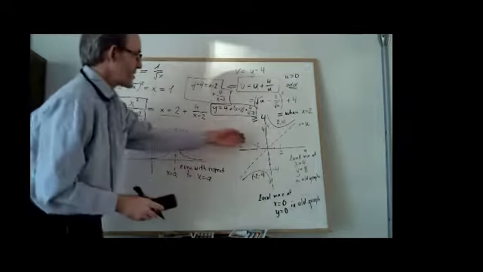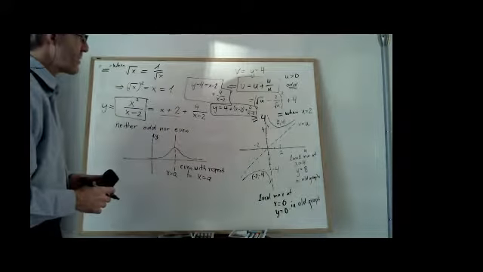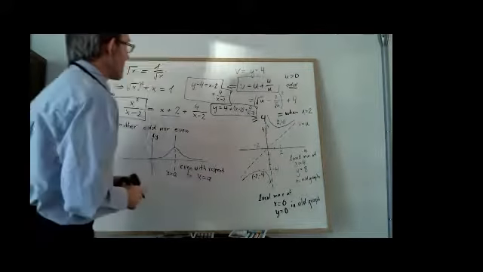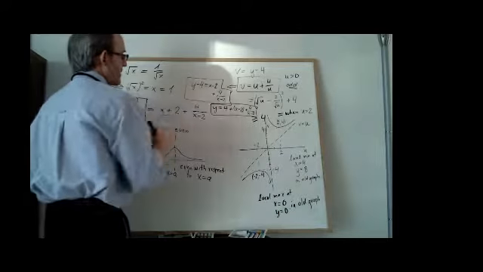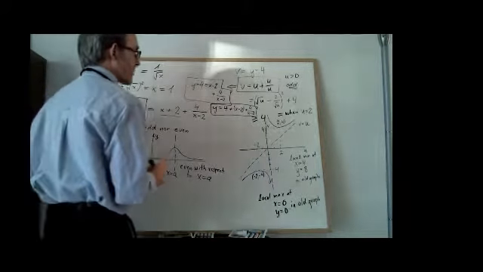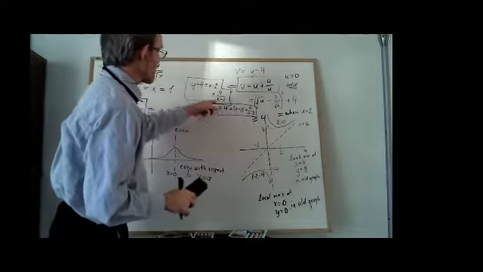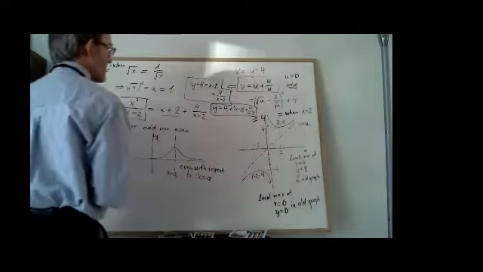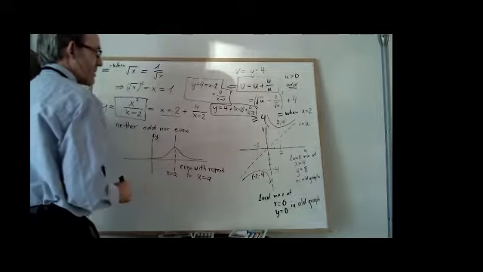Or you could have a function like this. This is odd with respect to the point. In this case, it'll be 2, 4, because that's what this graph looks like after I shift it back. Okay.